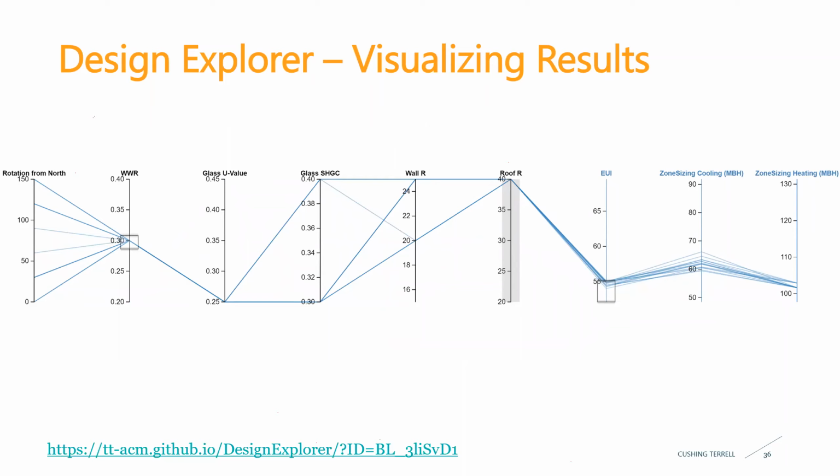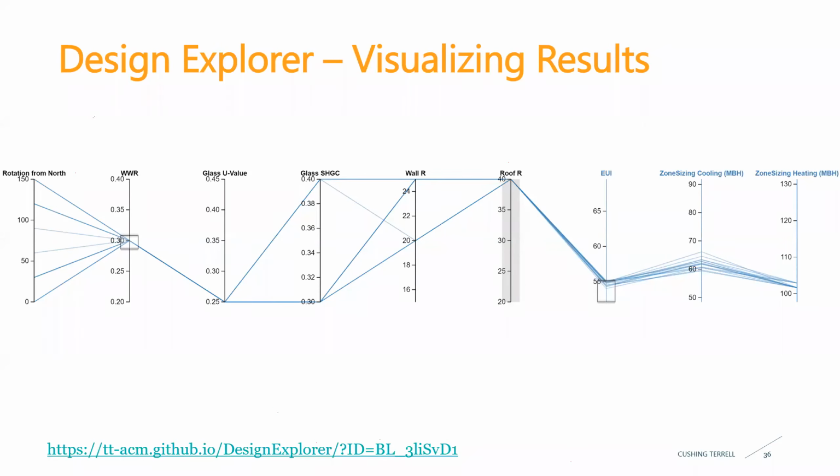And then you can see that in order to do a window to wall ratio of 30%, you have to have a glass U value of 0.25, a wall R value that's higher than 15, and a roof R value has to be 40. And this is if you want to stay in this lower EUI range. You could bump that up or change that sort of thing.